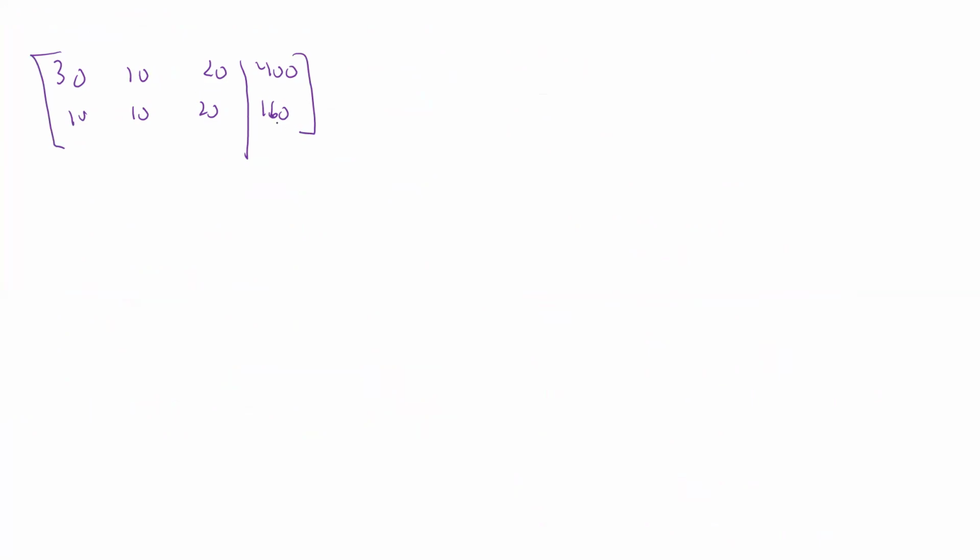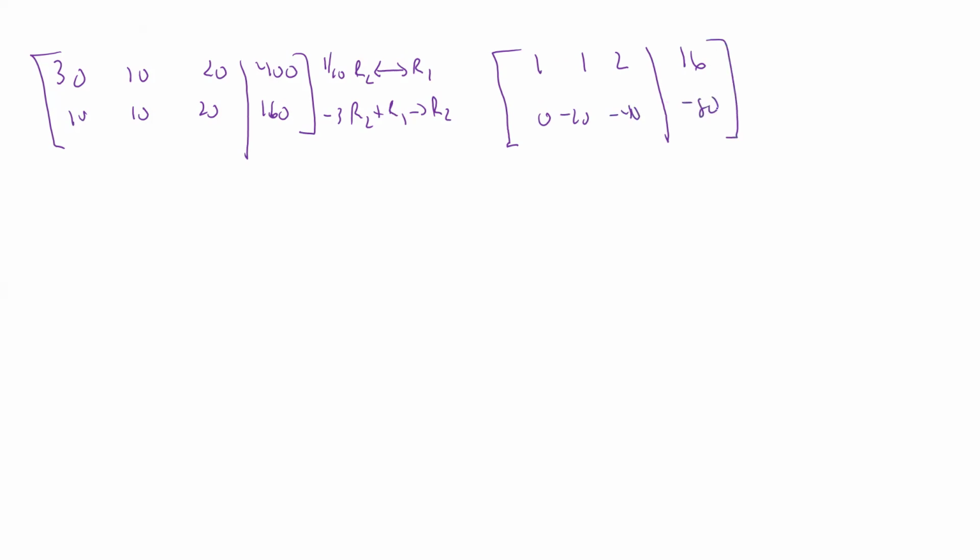And so I'm going to say, okay, let's take 1/10 of row 2 and interchange it with row 1. And let's take a minus 3 row 2 plus row 1 and make that the new row 2. So it's kind of what we did the first time. So that gives us pretty much the same thing. 1, 1, 2, 16. And then we had a 0, a minus 20, a minus 40, and a minus 80.